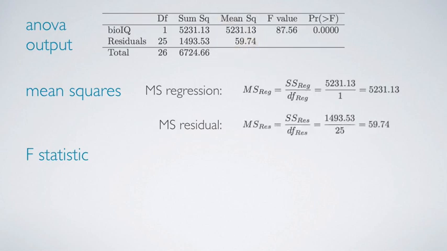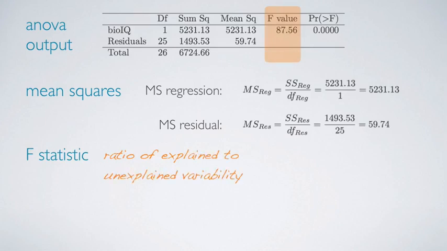And the mean square of residuals is simply the sum of squares residuals divided by the degrees of freedom associated with the residuals. Finally, we get to the F statistic. Remember that the F statistic is the ratio of explained to unexplained variability. In this case, that's going to be the mean square of regression divided by the mean square of residuals.